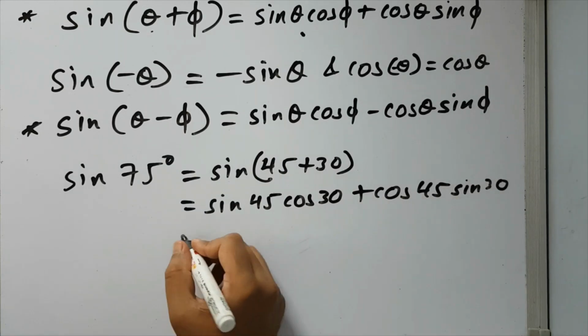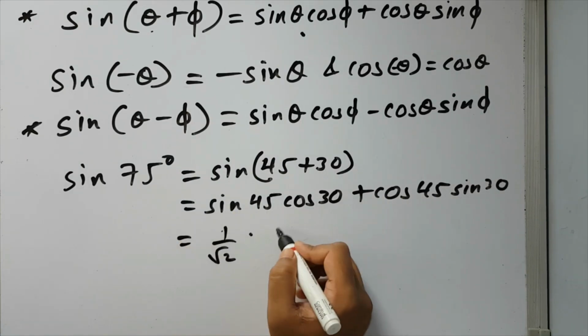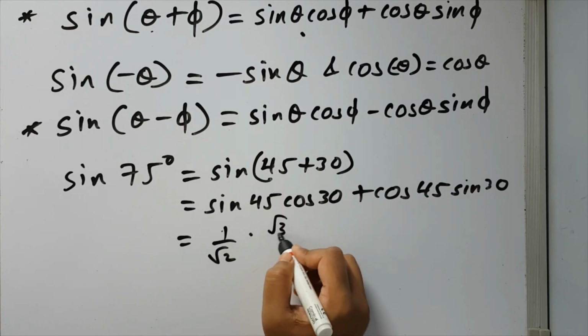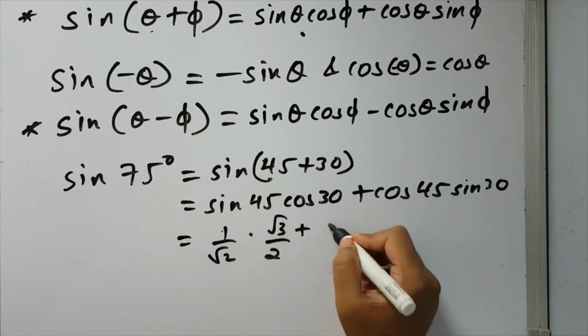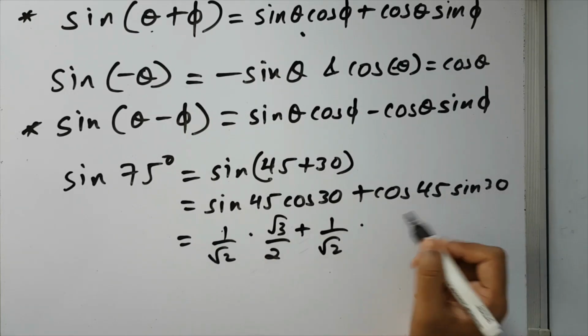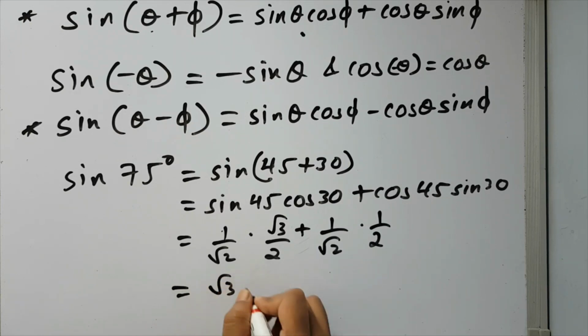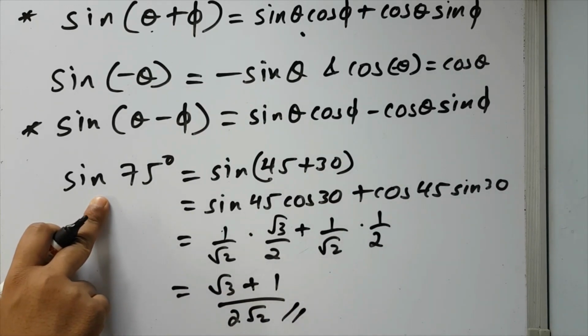Now you know the individual values. Sine 45 is 1 over root 2, cos 30 is root 3 over 2, plus cos 45 is again 1 over root 2 into sine 30 is 1 over 2. So what do you have? Root 3 plus 1 by 2 root 2. This is the value of sine 75.